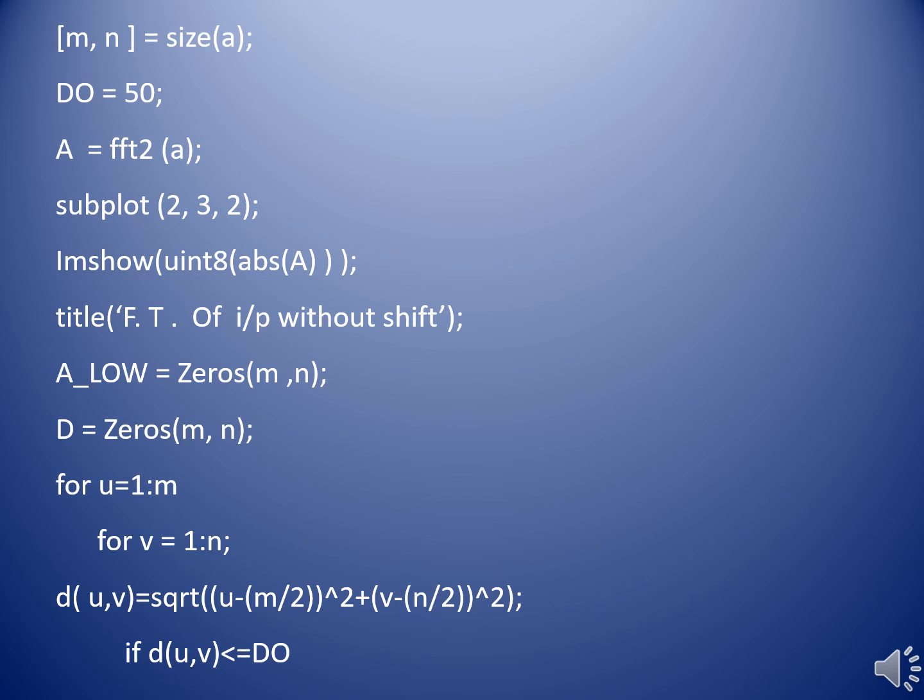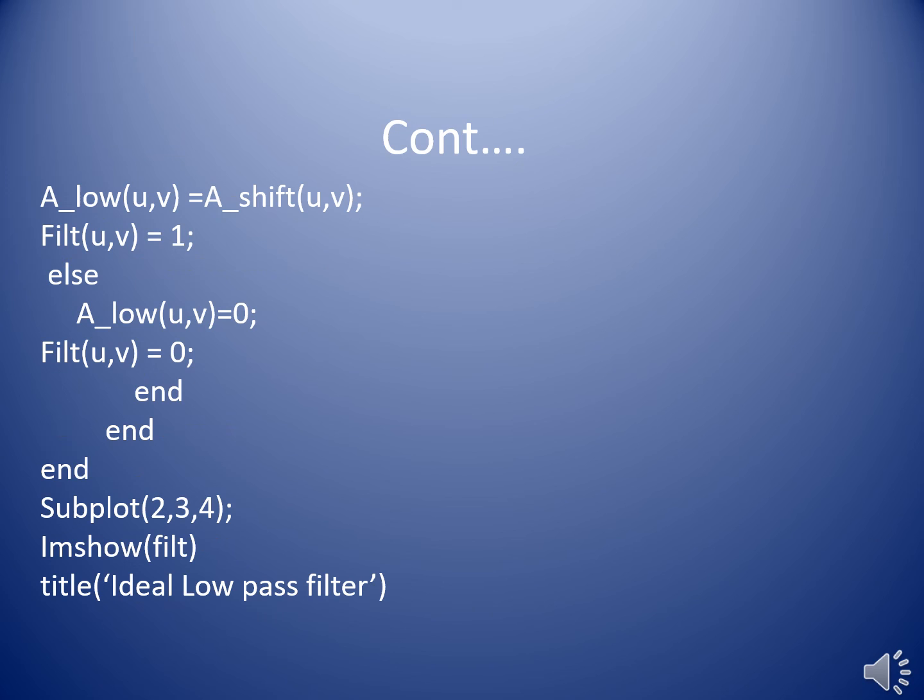If D of u v is less than or equal to D0, as per the formula of the ideal low pass filter, we have to keep the pixels as they are, and the filter will be 1 if it is less than D0. But if it is more than D0 then the pixels will be rejected, as it is 0, and the filter will not have any value, that is 0, it will become black. After ending the loops, we obtain the ideal low pass filter.